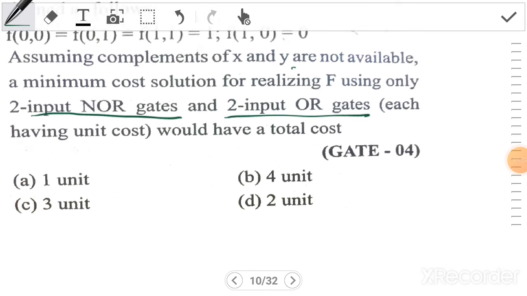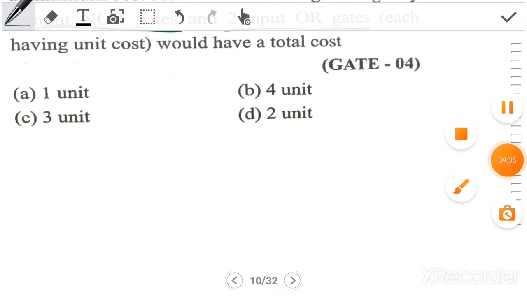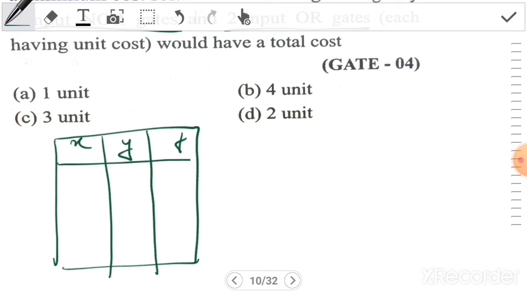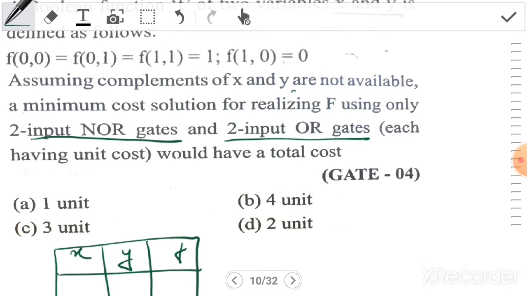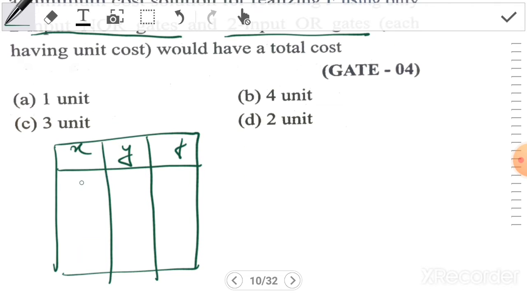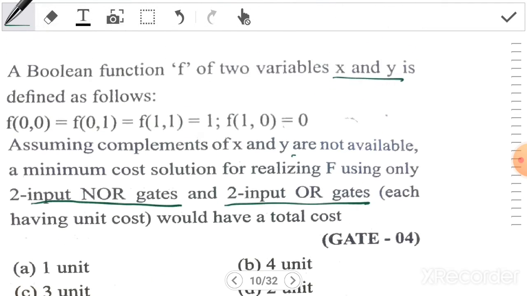So here, let us construct the truth table x, y, f. So we are given 0, 0, 0, 1, 1, 1 as 1. So 1, 1 and 1. And f10 is 0.